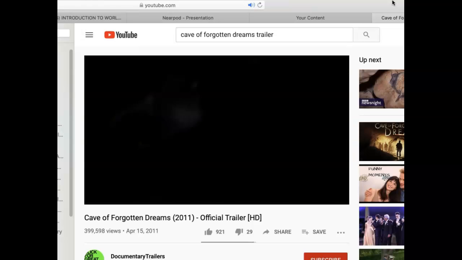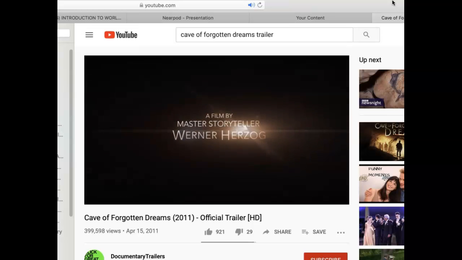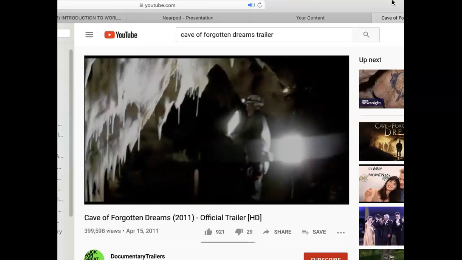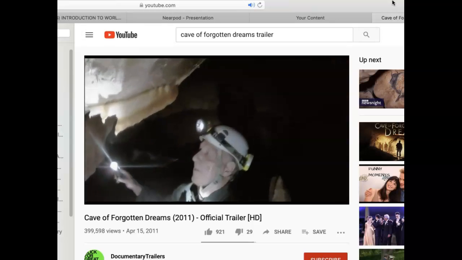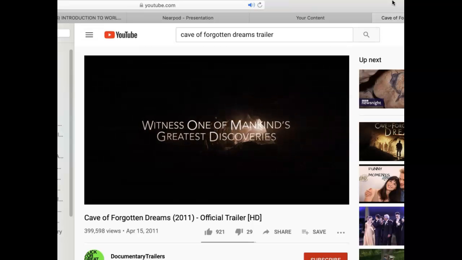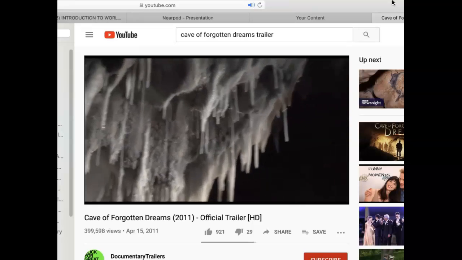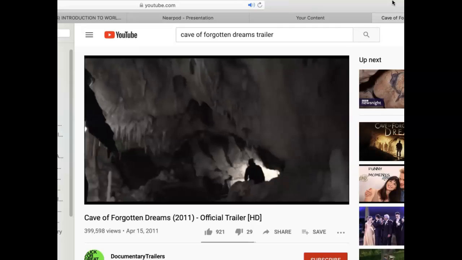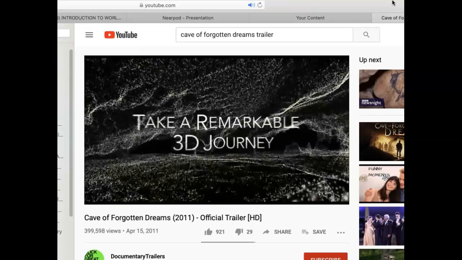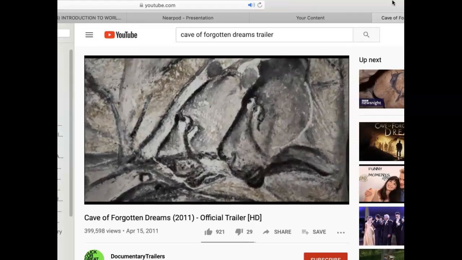This cave had been perfectly sealed for tens of thousands of years. It contained by far the oldest paintings ever discovered. It is as if the modern human soul had awakened here. This is one of the rare times anyone is allowed inside the cave. This may be the only and last opportunity to film inside. The first time I entered a cave, it was so powerful. Every night I was dreaming of lions.